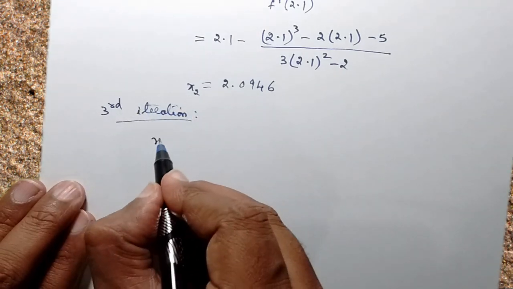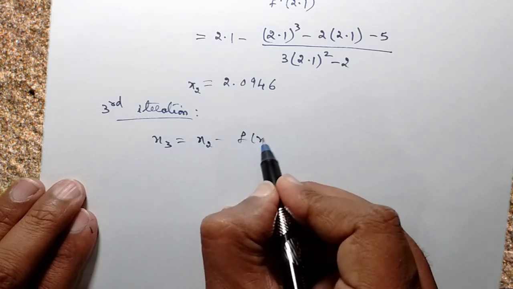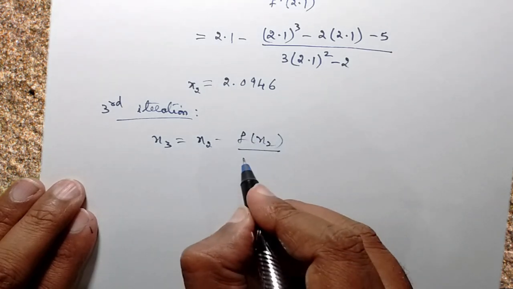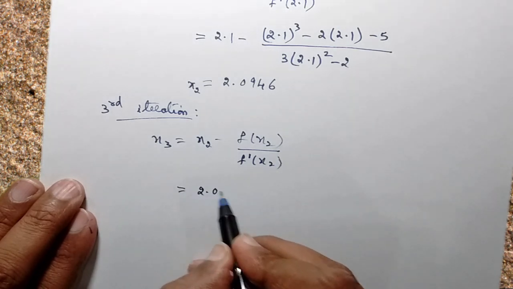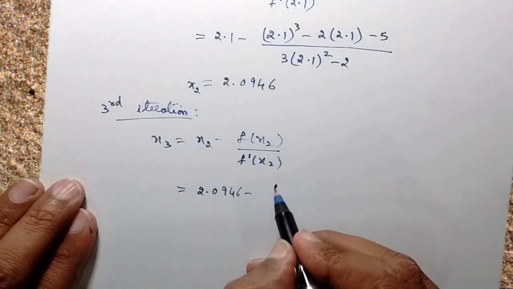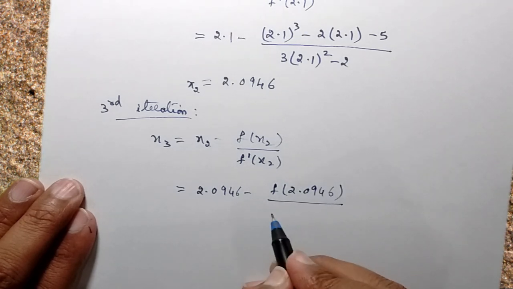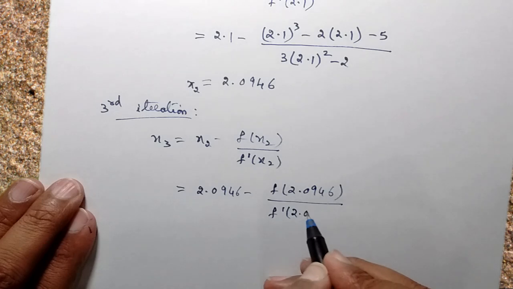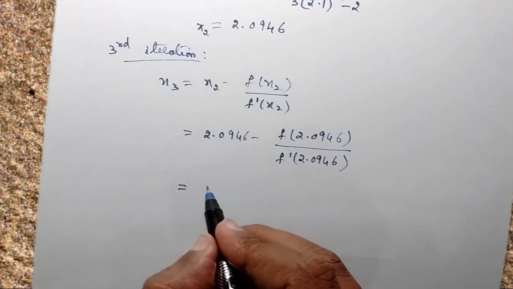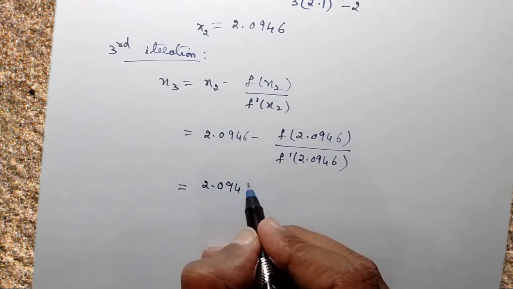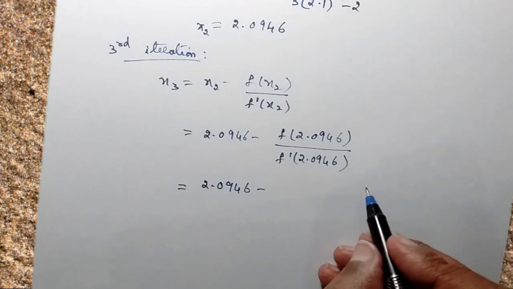Third iteration, x3 will be equals to, now you write x3 to be x2 minus f of x2 whole divided by f dash of x2. So x2 value is known, it's 2.0946 minus f of 2.0946 whole divided by f dash of 2.0946. That will be equals to 2.0946 minus f of x value is known, which is x cube minus 2x minus 5.